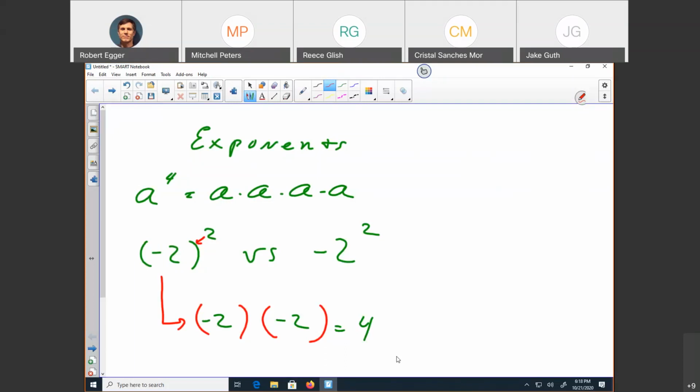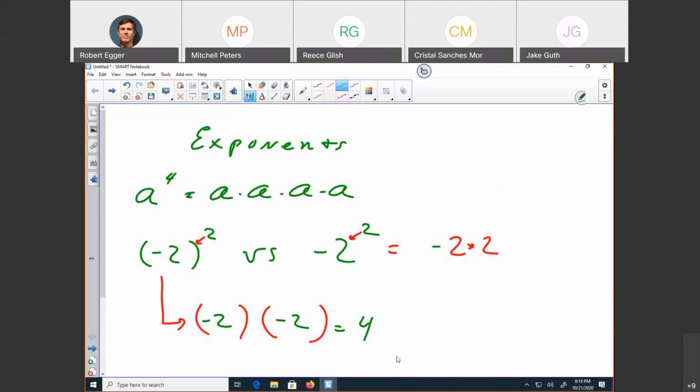Now this one, the next one over, only sees the 2. He's only going to latch on to the 2. So the power sees a 2, and throws that negative sign out there. So one says, take the opposite of 2 and multiply it by itself twice.